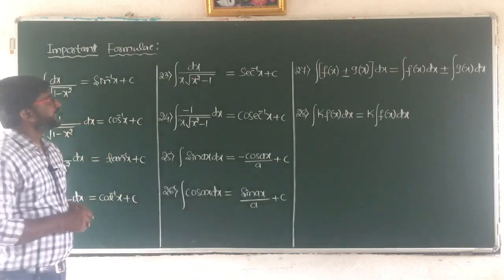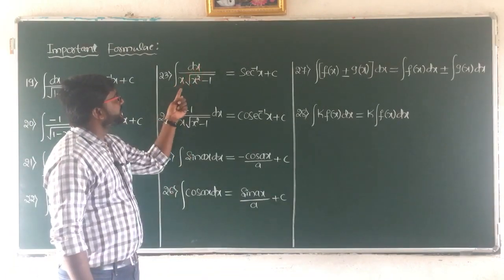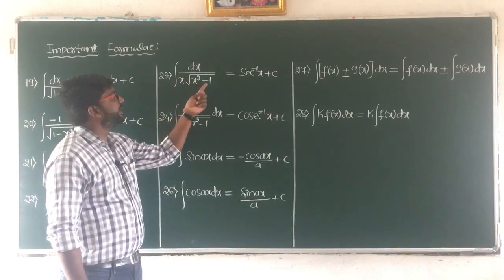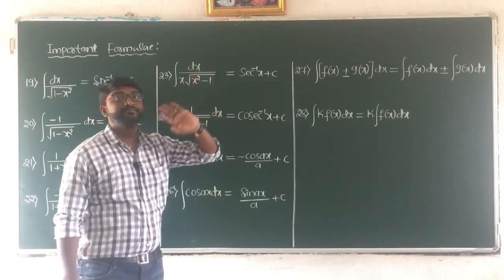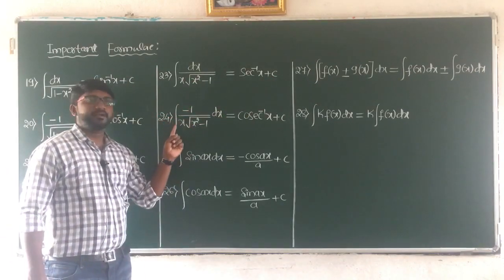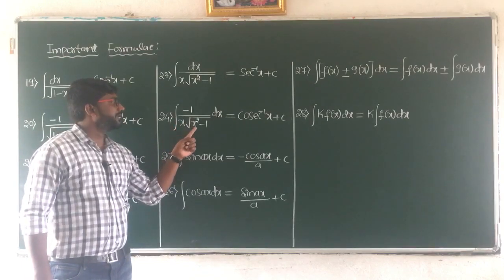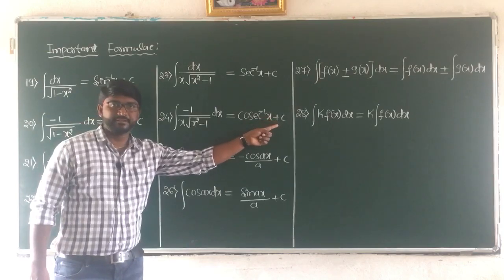The next one, the 23rd, integral dx upon x into square root of x square minus 1 equals secant inverse x plus c. And the 24th, integral minus 1 divided by x into the square root of x square minus 1 dx equals cosecant inverse x plus c.